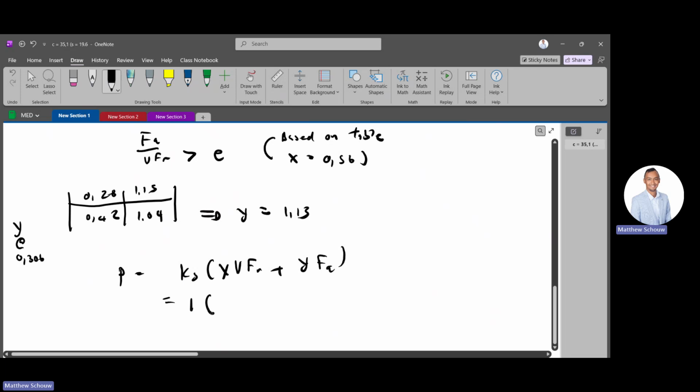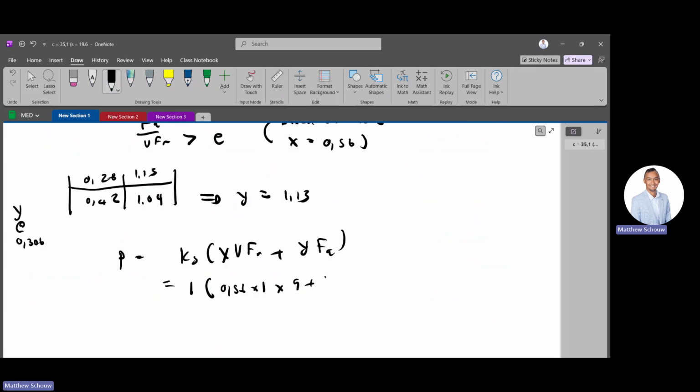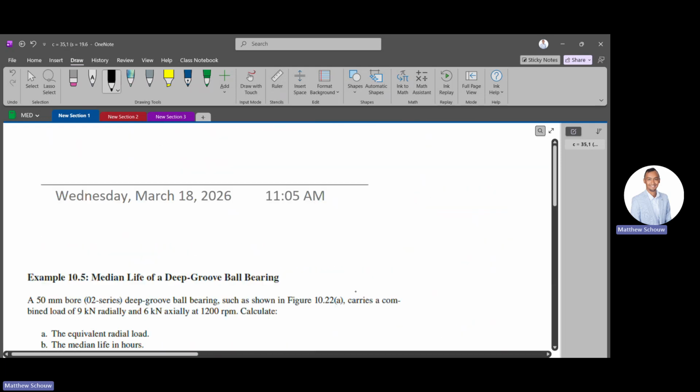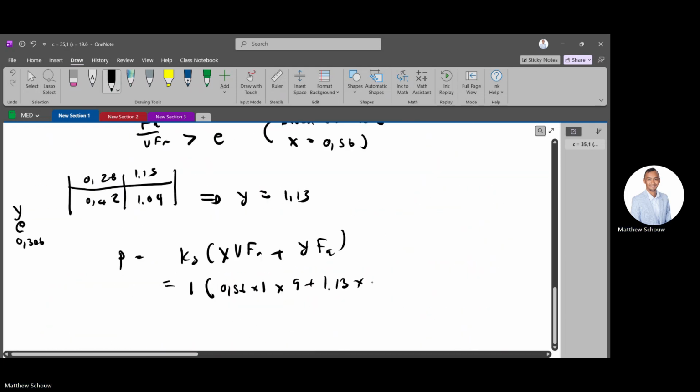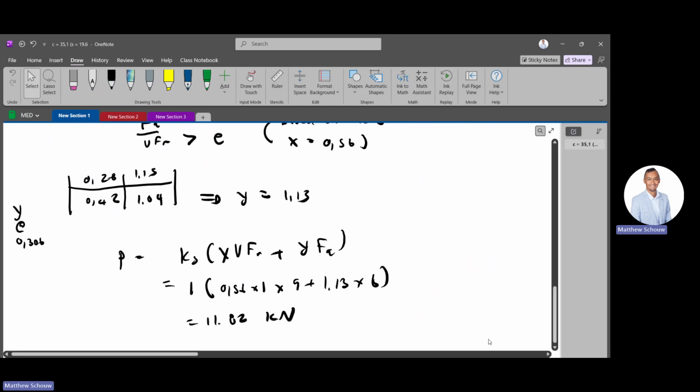In this case, Ks is 1 since the load is steady, x is 0.56, V is 1 for inner ring rotation, FR was given as 9, plus 1.13 times FA, which is 6. You should get 11.82 kilonewtons. Perfect. So that's our equivalent radial load.